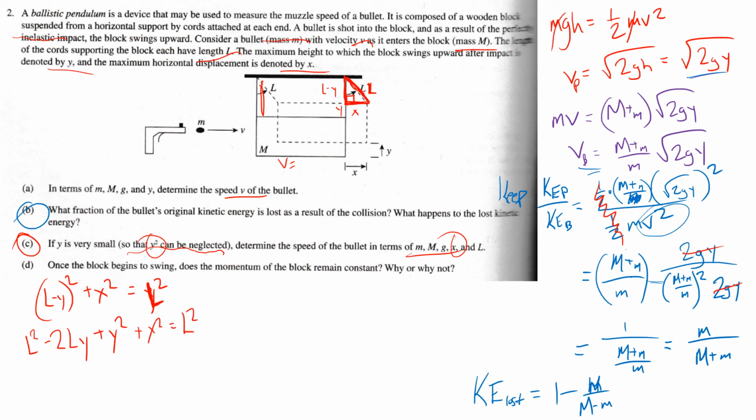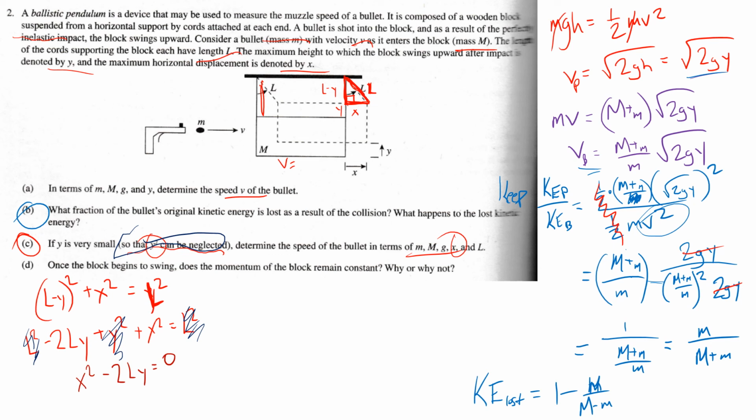Okie dokie. Now there's some fun stuff we can do here. For example, we can cancel out the L squareds. And then what else? Oh, y squared can be neglected. Oh, poor y squared. We barely got to know you. Anyway, so once we have that, now what we can do is rewrite this as x squared minus 2Ly is equal to 0.